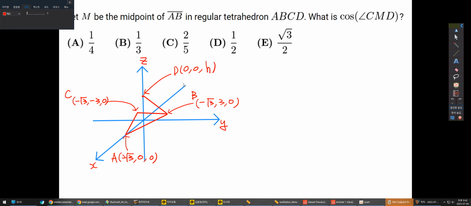So if we want to find the distance between D and B, that's 6 squared, 36.